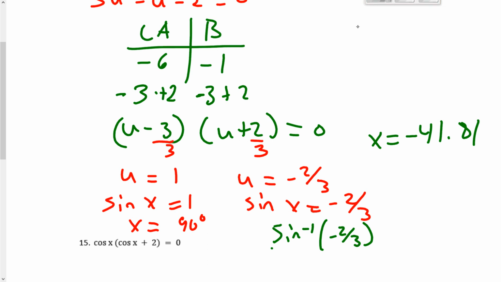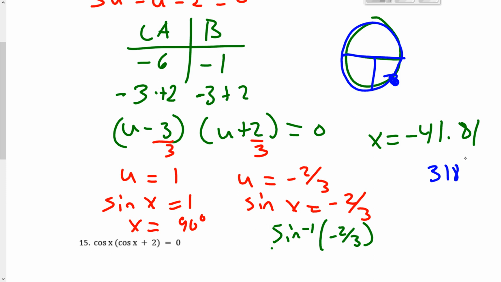And so since my answer for sine is -2/3, when I give a negative answer for sine, I'm down here in the third and the fourth, so I'm at -41. So if I add 360, then I would land in the fourth quadrant right at the same spot. So if I add 360 to this, then I'll get my answer at 318 degrees, 0.19.